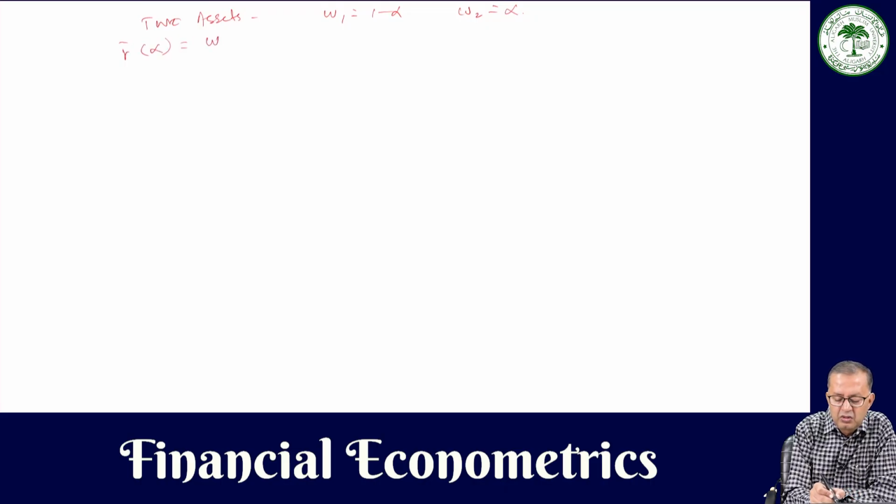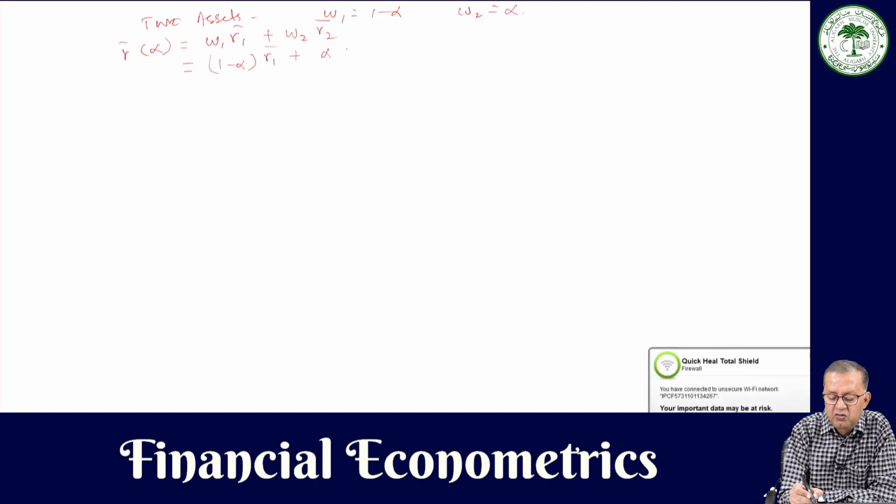This is equal to W1 R1 bar plus W2 R2 bar, or 1 minus alpha into R1 bar plus alpha into R2 bar.